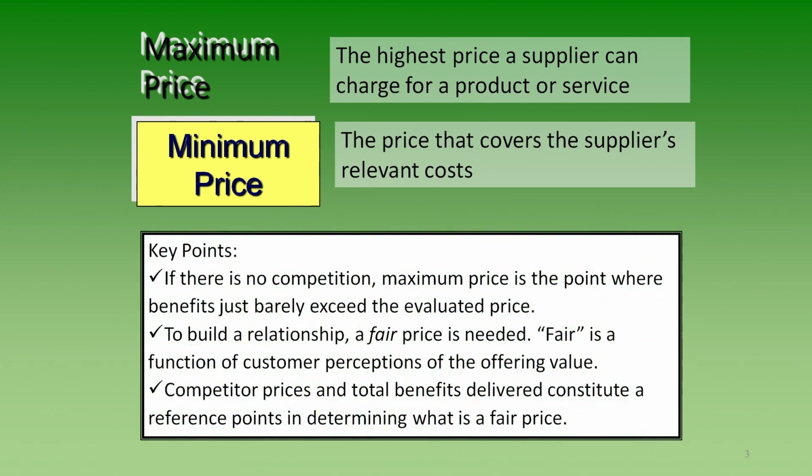In between is our pricing domain, our area where we will actually have the flexibility to set the prices. Key points that we have to emphasize here are that if there is no competition, then the maximum price is the point where the benefits just barely exceed the evaluated price.